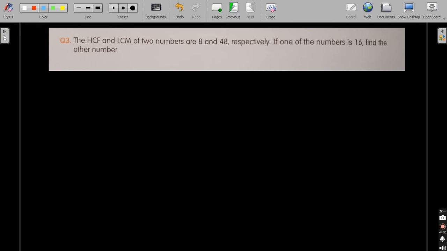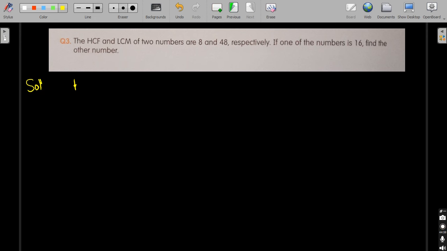As you are able to see here, the question mentions the HCF of two numbers. What is the given data? Solution: how should we solve it? Given data: what have they given? HCF value is 8 and LCM value is also provided, 48.